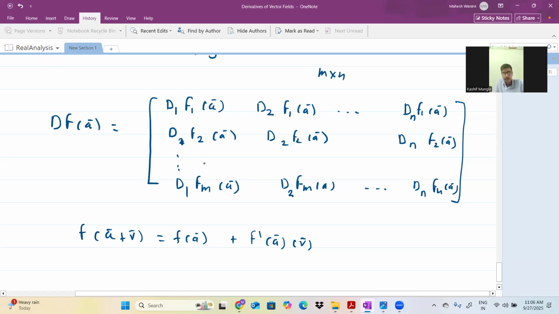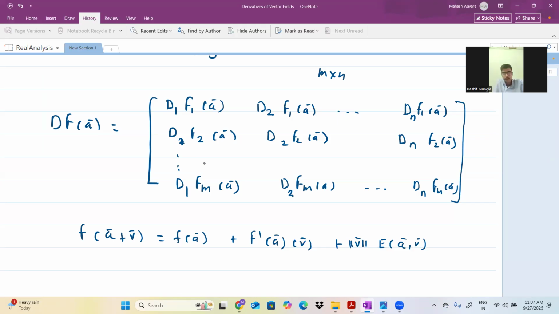Instead of y, I'll write v, plus norm of v times E_a(v). This will tend to 0 as norm v tends to 0. This f dash a of v is nothing but the matrix product of df_a with v, where v is a column vector.